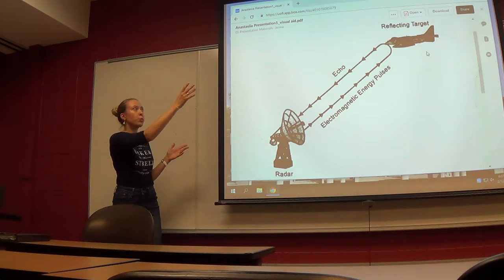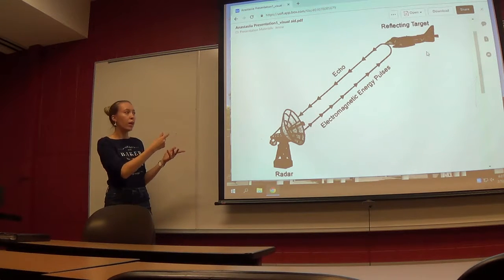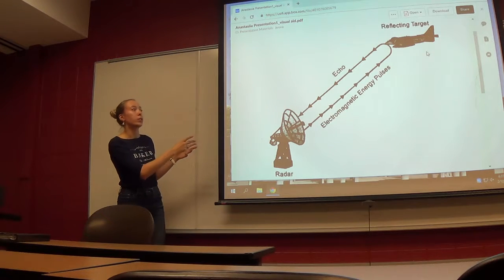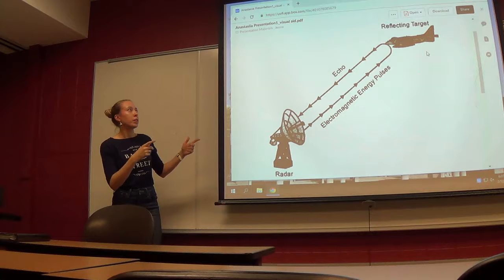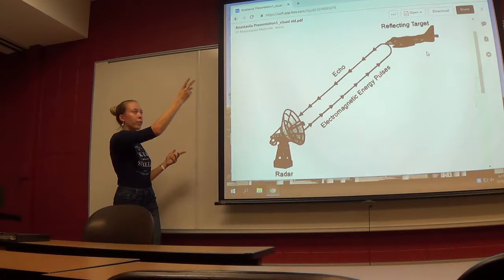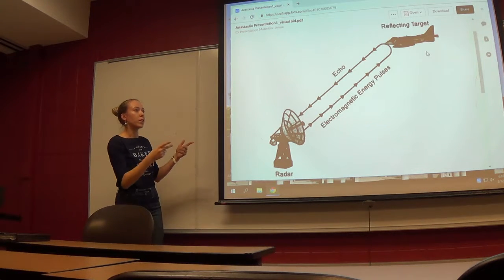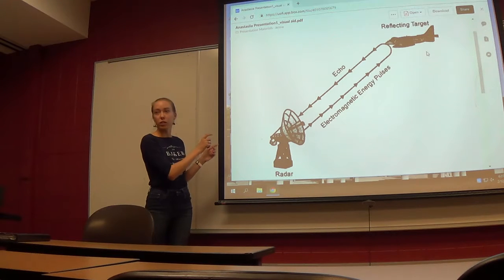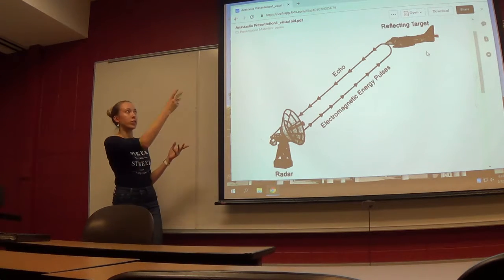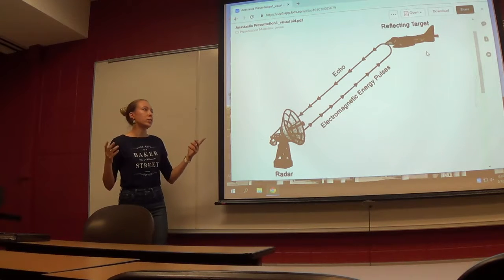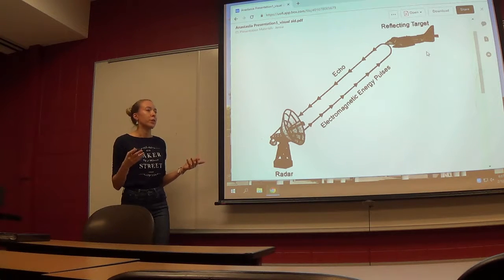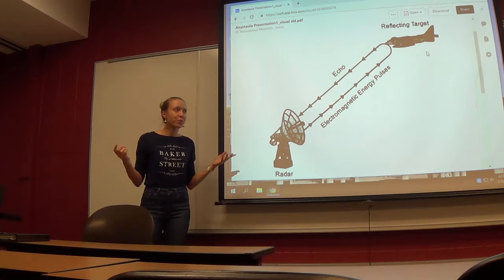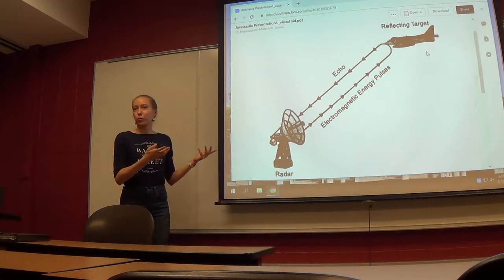If the target is moving towards the antenna, the frequency of the received signal is higher than the frequency of the transmitted one. And conversely, if the target is moving away from the antenna, then the frequency decreases. So by measuring the frequency shift of the signal, we can calculate the velocity of the target. Physicists know this concept as the Doppler effect, but we engineers just use it in our radar systems. And that sounds good, right?